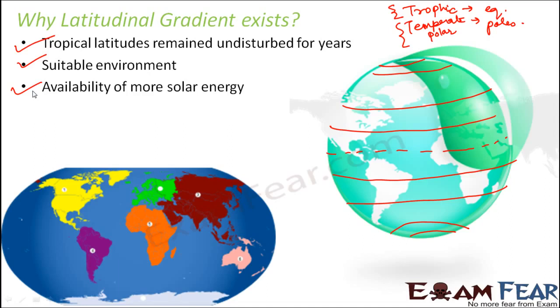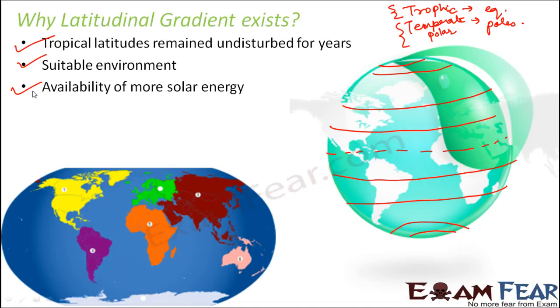Now when the availability of solar energy is more in the equatorial region, then the sustenance of living organisms is also more in the tropical regions, and that is why the variety of living organisms would be more in the tropical region. So these are some of the reasons which justify why this concept of latitudinal gradient exists.